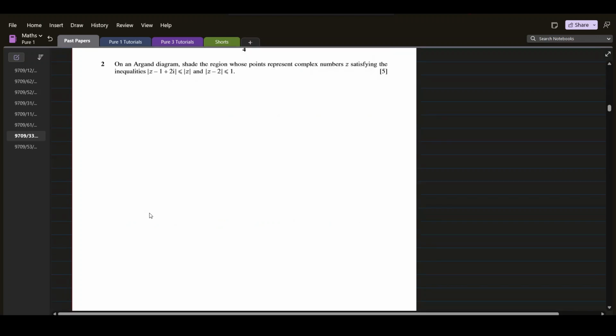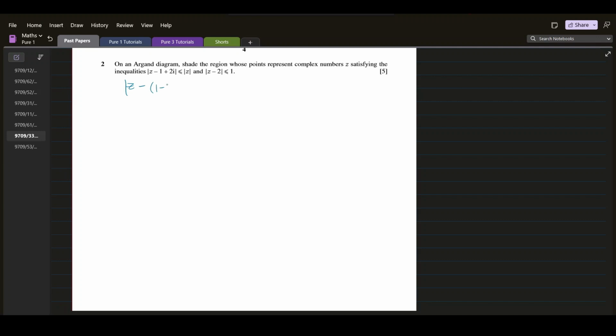Number 2. On an Argand diagram, shade the region whose points represent complex numbers z satisfying the inequalities modulus of z minus 1 plus 2i is less than or equal to modulus of z, and modulus of z minus 2 is less than or equal to 1. Okay, so let's start by rewriting these inequalities. I want to factor out a negative sign here.